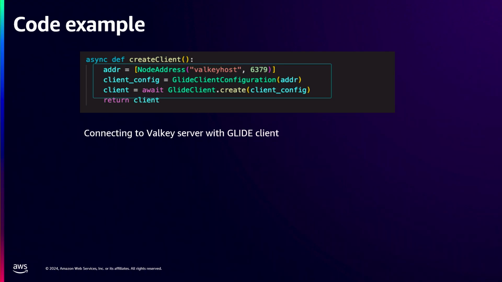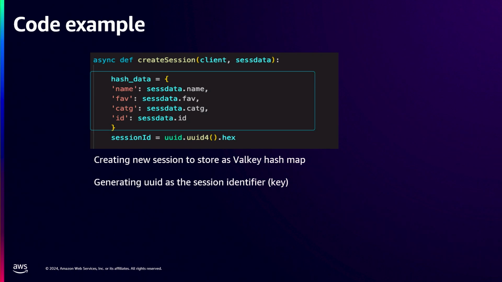Let's see how it works in the code. First, we are connecting to our ElastiCache server. Then to create the session, we use the Python client. For that, we're going to use a dictionary map, where we generate the hash data using key-value pairs. And we're going to generate the session ID.